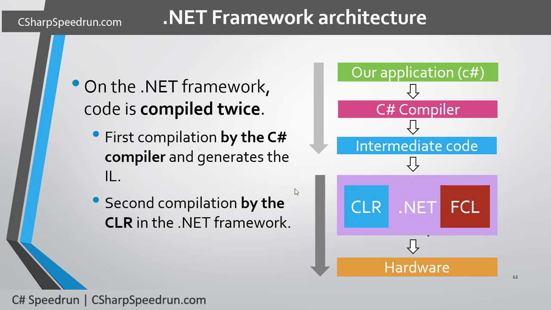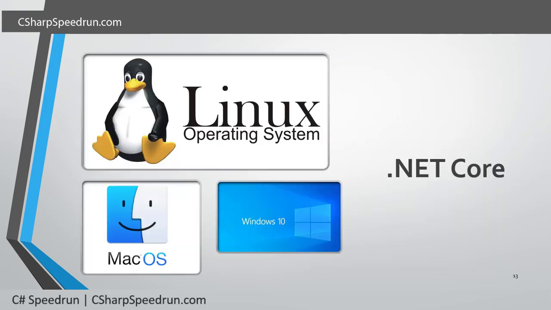This makes our software OS and hardware independent. We don't have to worry about the version of the OS or the CPU compatibility. Our application will run just fine. So here's an illustration. Whether it's the Linux operating system, Mac OS or Windows, our application will be able to run on any of them if they have the .NET framework installed.